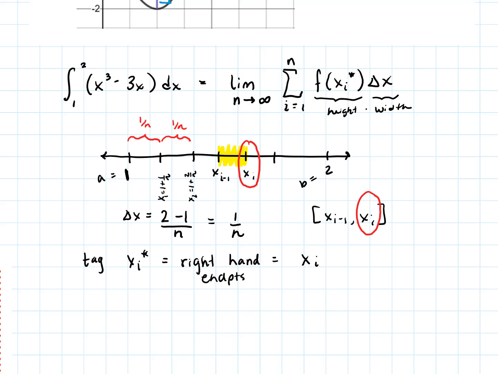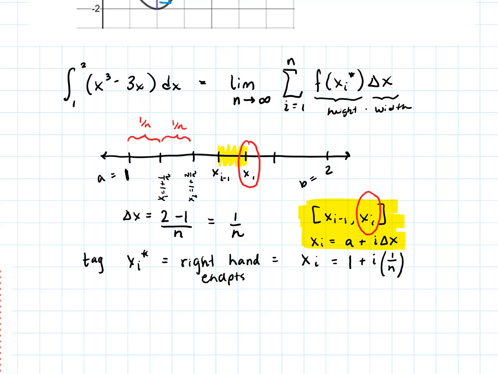So by the time we get to x sub i, it has to be equal to where we started, a, plus we have i of those delta x's, which were 1 over n. And notice this is a nice little result for the right-hand endpoints.